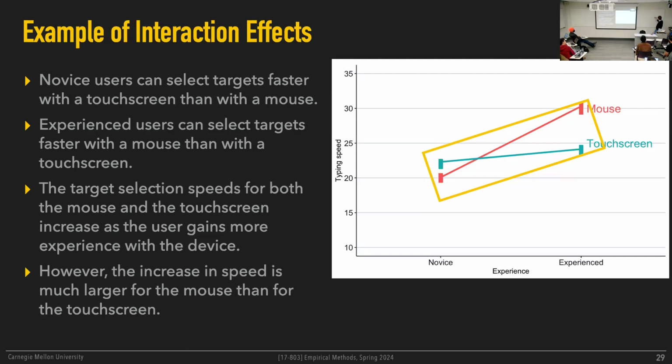Whereas if I express this as AX plus BV plus C times X times V plus D, maybe, this gives me A plus CV times X plus all the other ones. So now the strength of the relationship between X and Y depends on the value of V, which is the mediator, which in this case is experience. That makes sense?